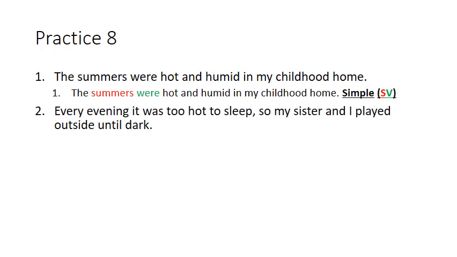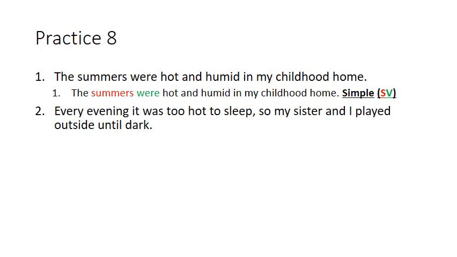Let's take a look at the second sentence. Every evening it was too hot to sleep, so my sister and I played outside until dark. If we look at the first part of the sentence, we'll see that the subject there is it, and the verb is was. Now we need to look at the second part of the sentence. We'll notice that this one is combined with so, and there's a comma before so that should be a clue to us right away.